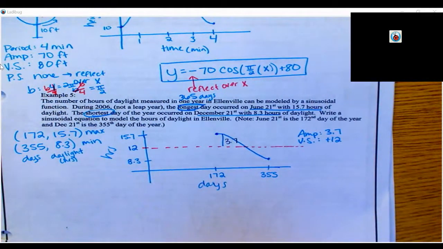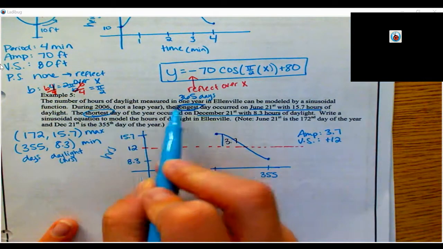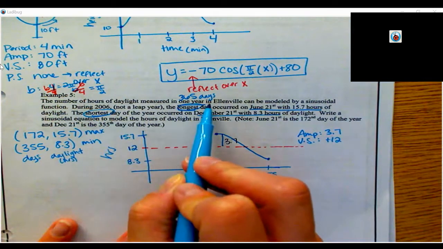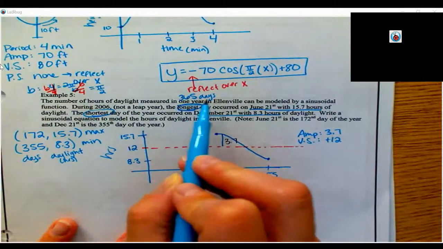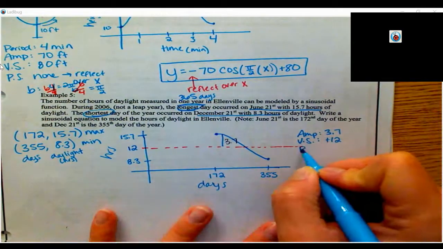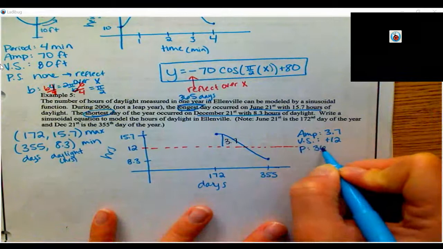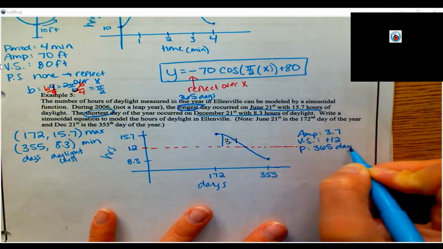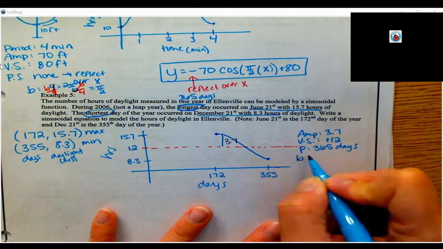Do I know the period? We're modeling hours of daylight over 1 year, right? So that's 365 days. So the period is 365 days, which can help us find our b-value.